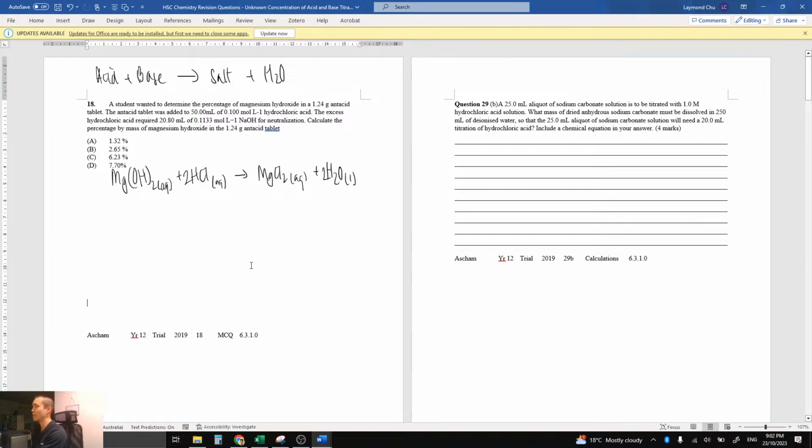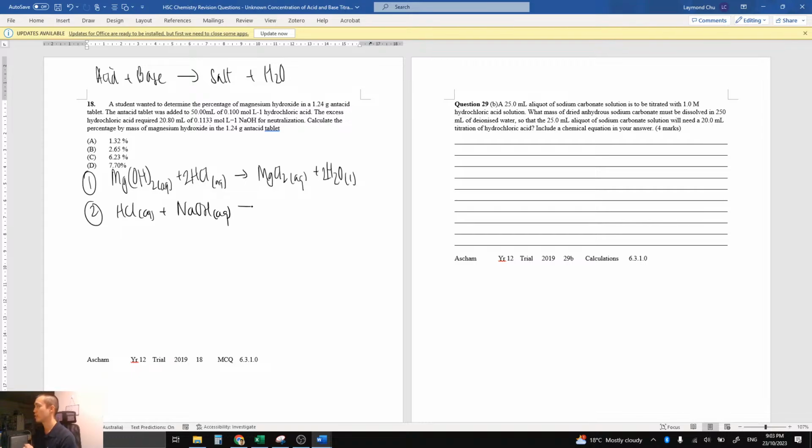Now, as you can see, this question has 2 titrations. There's this titration first, which I'll denote with 1. And then there's the second titration, which is HCl aqueous plus NaOH aqueous gives you NaCl aqueous plus H2O. This is your very standard HCl plus NaOH neutralization reaction.